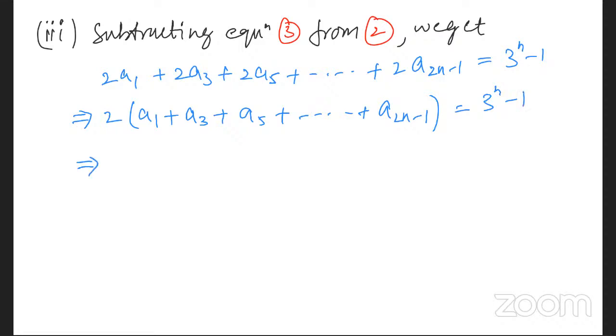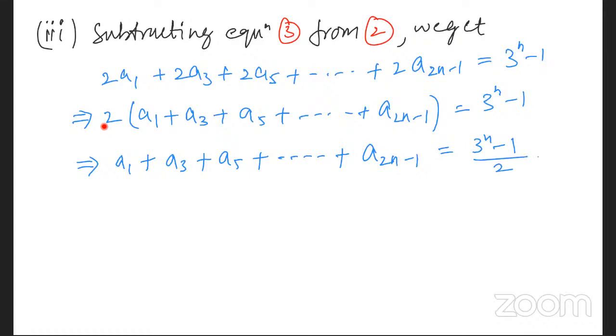This implies if we take this 2 to the RHS, then it will be 3 to the power of n minus 1 by 2. So this implies a1 plus a3 plus a5 plus so on plus a2n minus 1 is equals to 3 to the power of n minus 1 divided by 2. So this is the proof for the third bit.